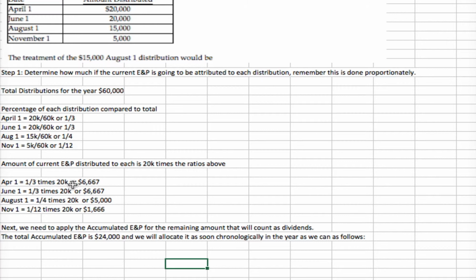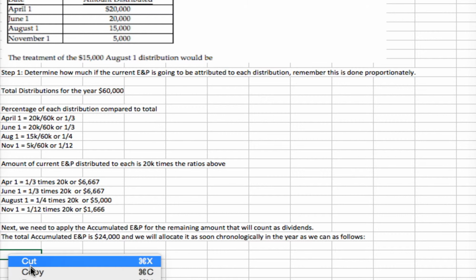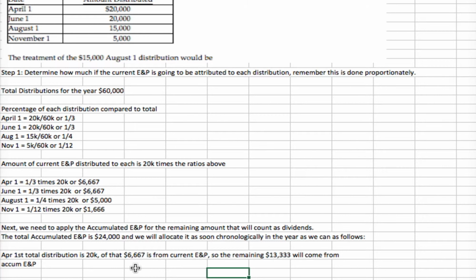So we look at what's left over, 20K minus 6,667, and that leaves us with $13,333 of this $24,000 that we will use up and allocate in the April 1st distribution.